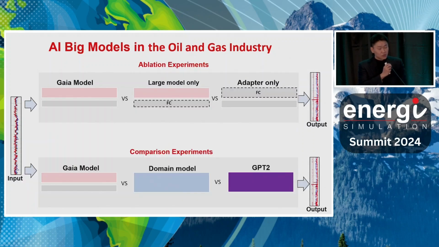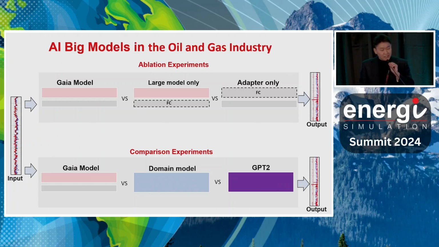To simply describe our GAIA model, it contains two modules. The first module is the big model on the top in red color, and the second module is the adapter on the bottom in gray color.